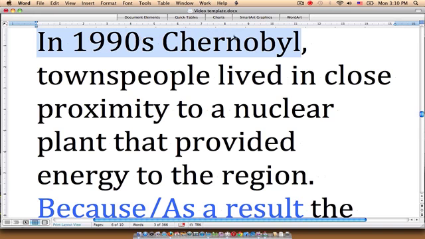It's a way to word something very concisely. I've given the period of time, which is the 1990s, and the place, which is Chernobyl. This might be a wording that you don't see often, but "in 1990s Chernobyl" just means during this period that we're talking about, and the location, which is Chernobyl. So it might be something you, as a student, might want to make a note of.